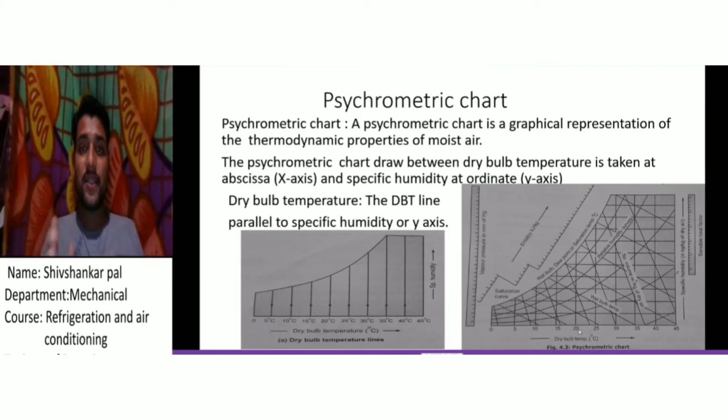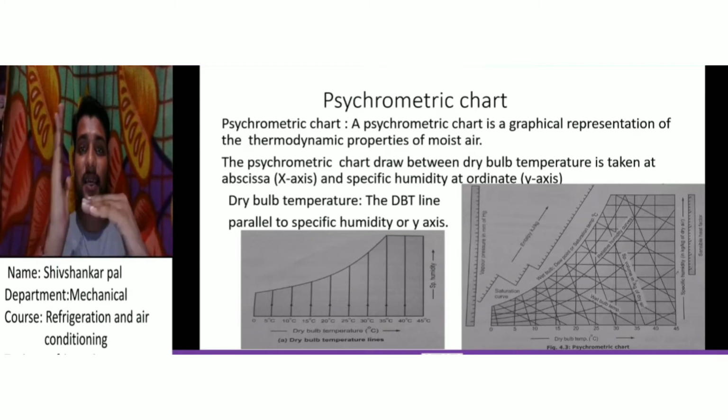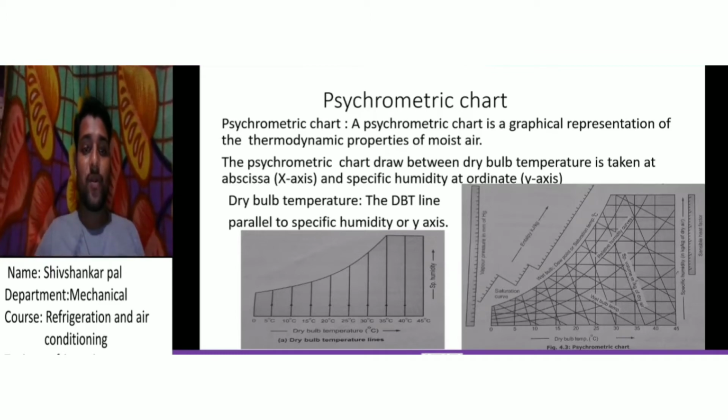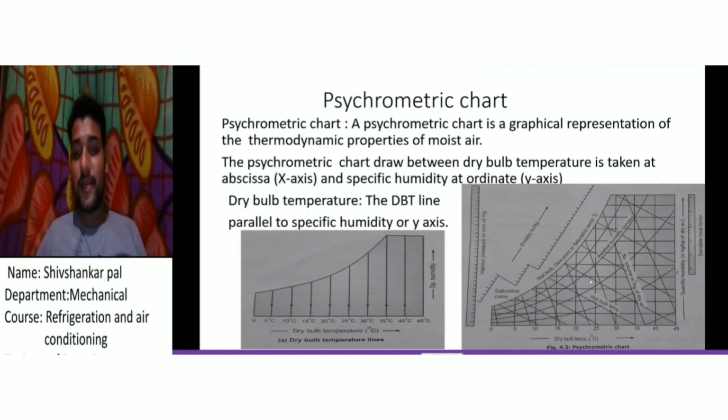The psychrometric chart is drawn between the x and y axes. On the x-axis is the dry bulb temperature, and on the y-axis the specific humidity ratio. This is the whole diagram of the psychrometric chart.